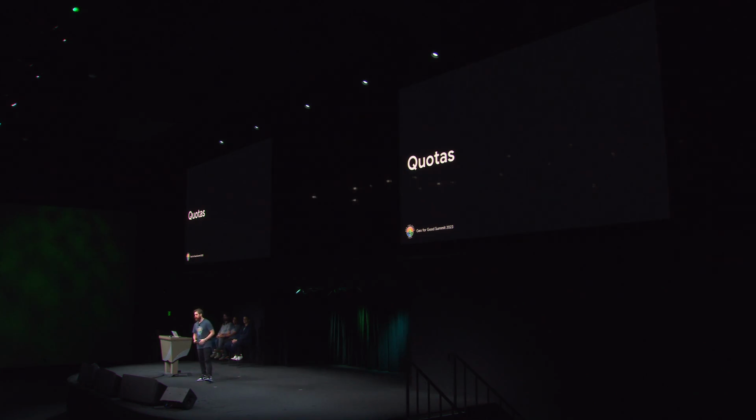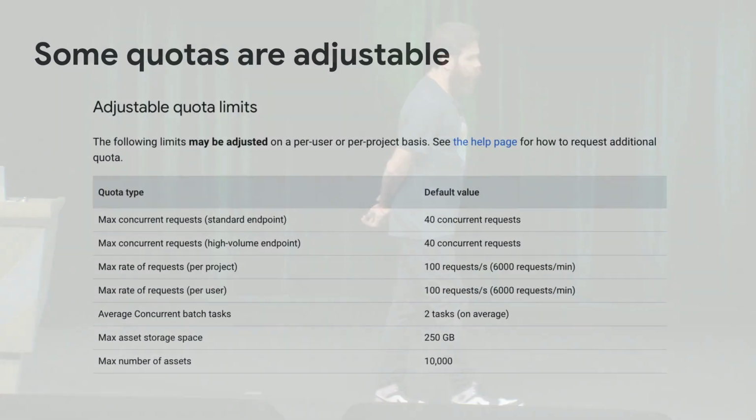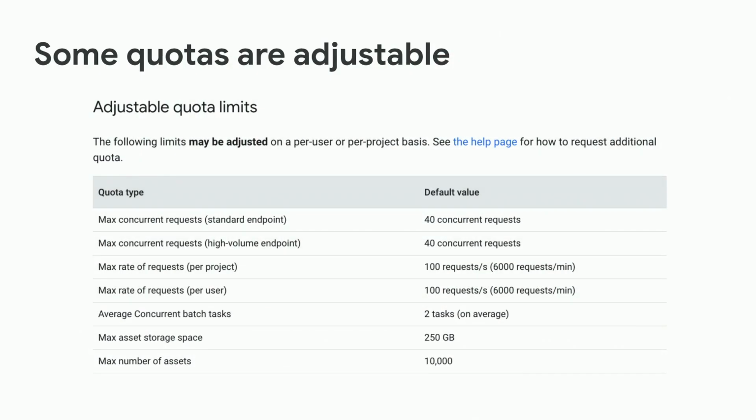So quotas. Of course, there are quotas on how much you can send, how many requests you can make per unit time, how many requests you can make in parallel. There is a whole page on quotas in our documentation. I encourage you to read it. I'm going to say a lot of numbers. I'll get 80% of them right. Quotas are adjustable in some cases. So there are some numbers that are hard numbers.